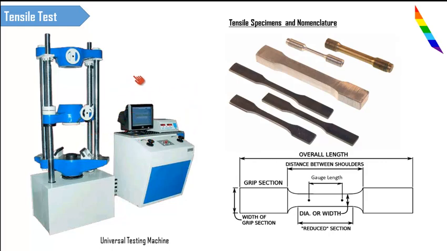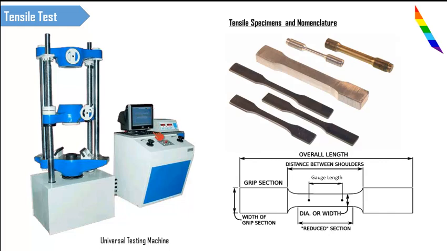So we have to manually take down the values and do the calculation on our own. If it is a computerized one, it will collect all the data values and process them, and we will get the output as a stress-strain diagram and all the necessary values associated with it.